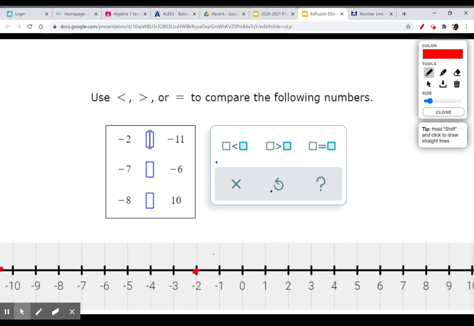Now, the numbers on the right are always greater than the numbers to their left. When you go to the right, that is increasing. And the contrast is also true when you go to the left, that is decreasing.